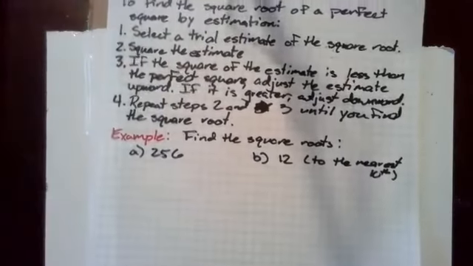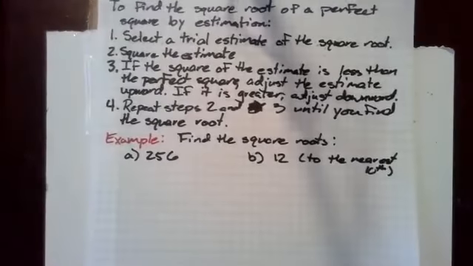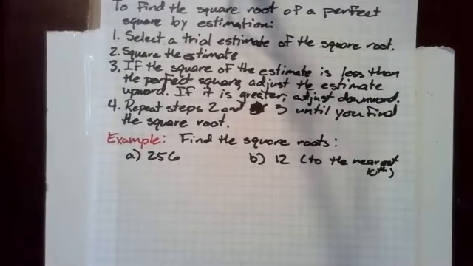To find the square root of a perfect square by estimation, first select a trial estimate of the square root, then square the estimate. If the square of the estimate is less than the perfect square, adjust the estimate upward. If it is greater, adjust downward. Then repeat steps 2 and 3 until you find the square root.